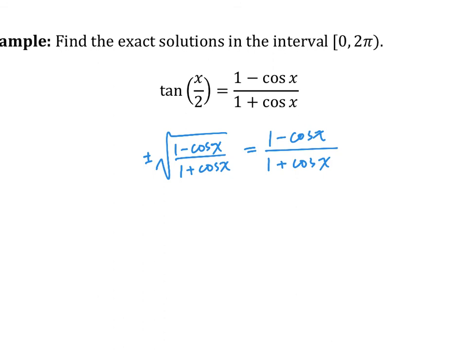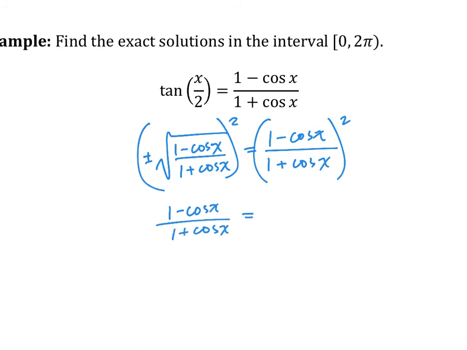So let's try to figure out what we're going to do next. I'm probably going to square this just to get rid of the square root. So 1 minus cosine x over 1 plus cosine x is equal to, please remember not to square each term. That's not a property we can use.